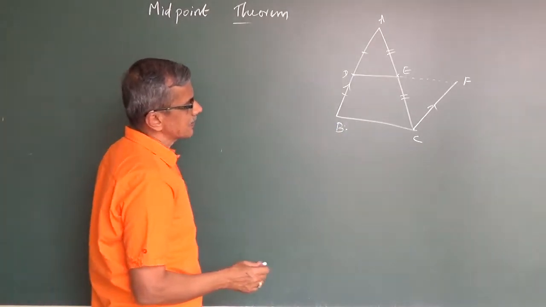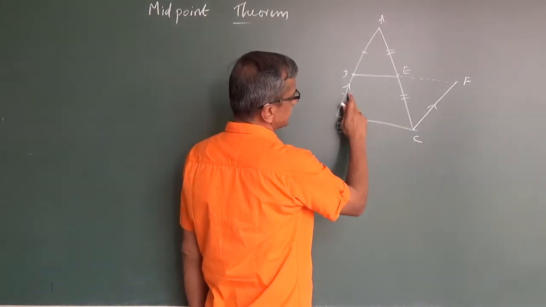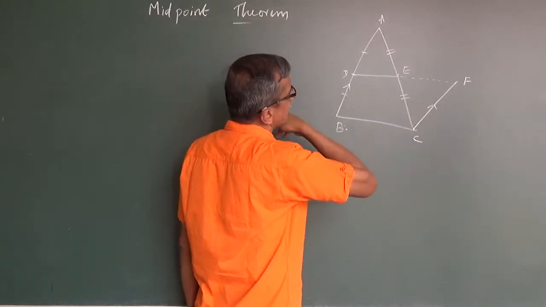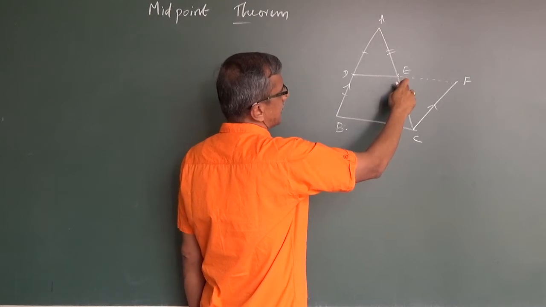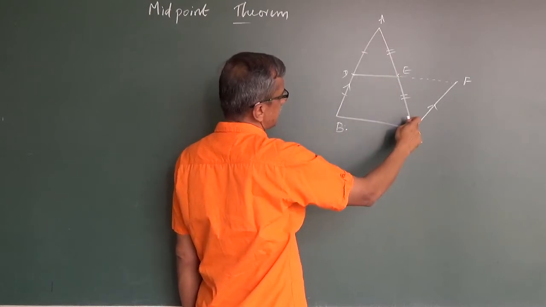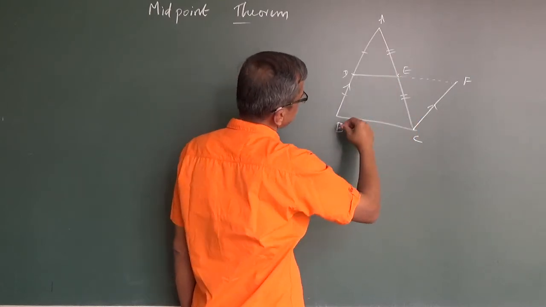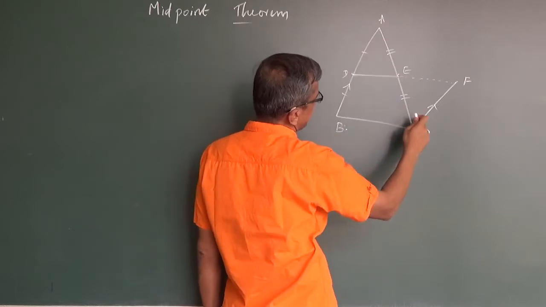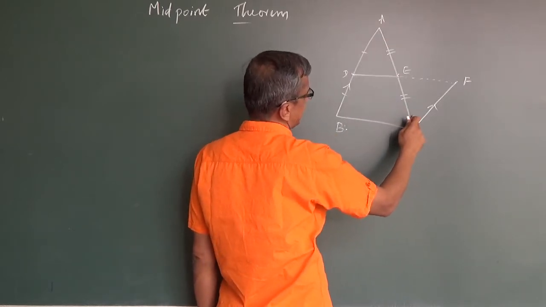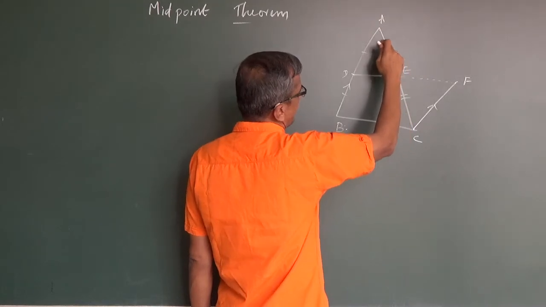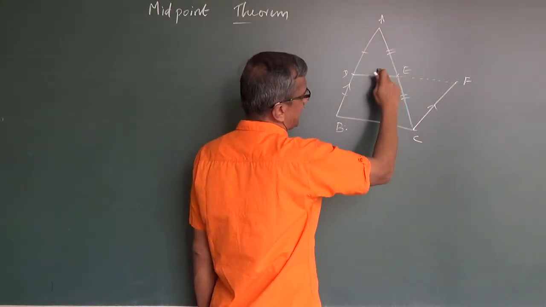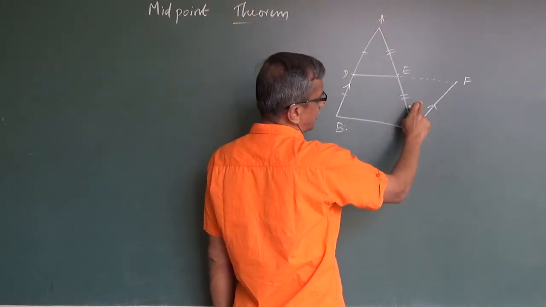In this construction, you can see that these two are parallel. These two angles are vertically opposite angles, and these two angles are alternate interior angles. You can take this also. And these two sides are equal. By angle side angle, these two triangles become congruent.